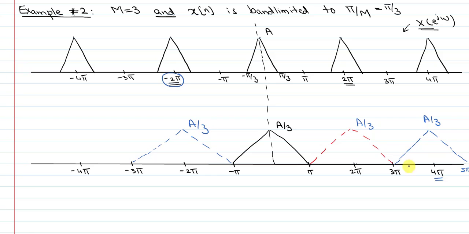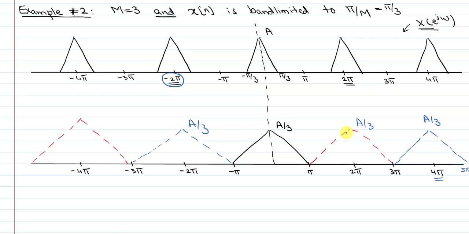Basically, one version of the whole shifted spectrum is this blue thing and this blue thing, and this blue version is due to I equals 2. Now this red version is at 2 pi. Again, when we shifted minus 6 pi, we get minus 4 pi. So this is my second version, which is due to I equal to 1.